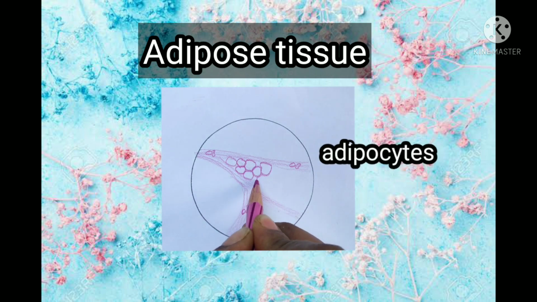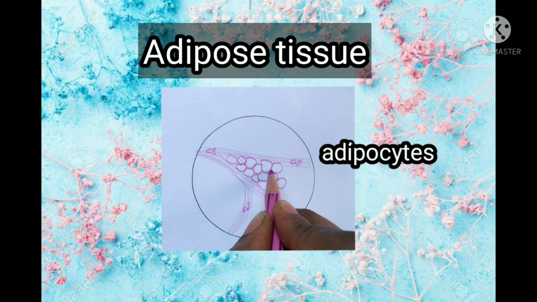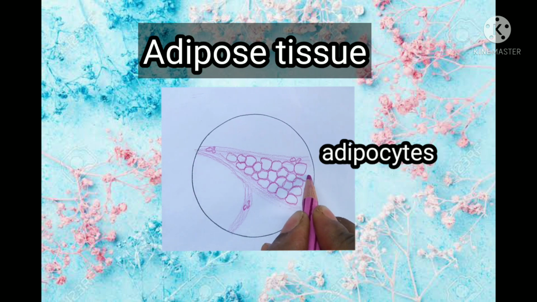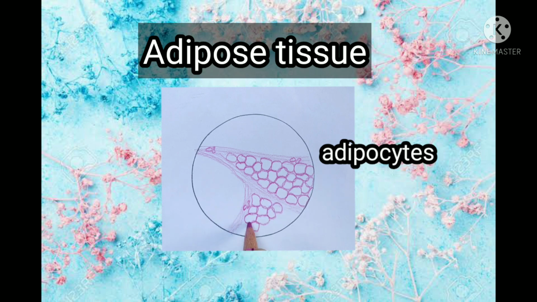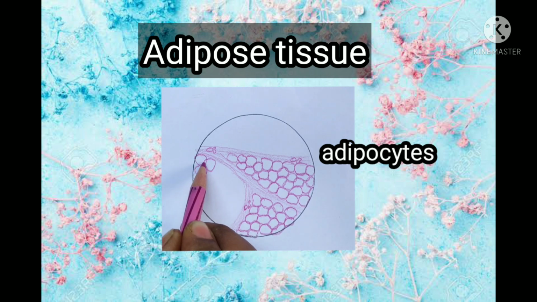You can draw bundles of collagen separating the adipocytes, with capillaries within the collagen bundles, and draw the adipocytes in polygonal shapes next to one another. So don't leave much gap between the adipocytes. And they have a peripherally placed oval nucleus, appearing like a signet ring.